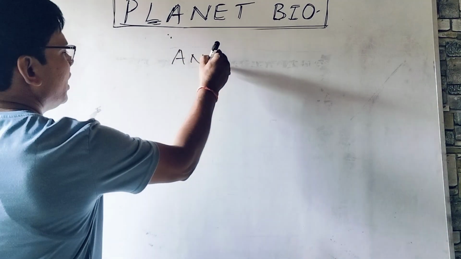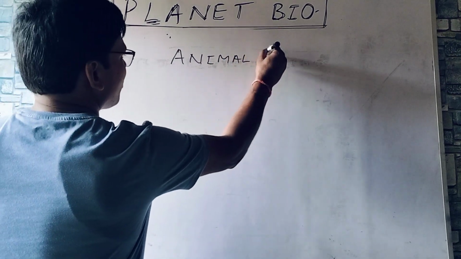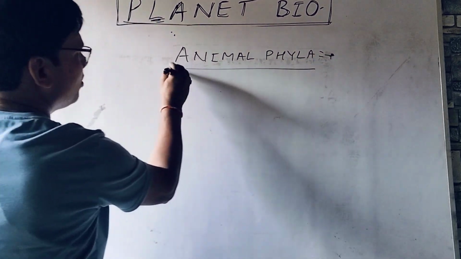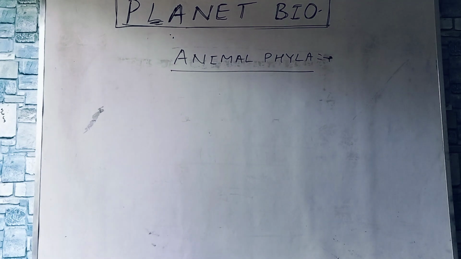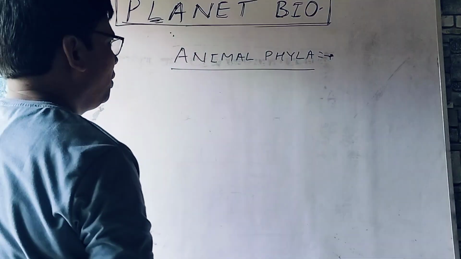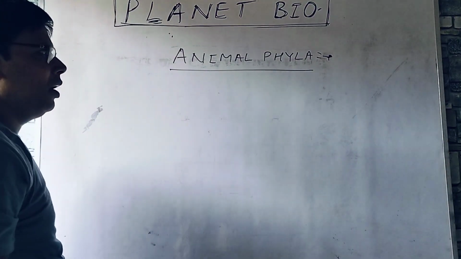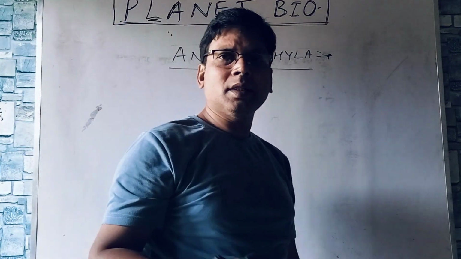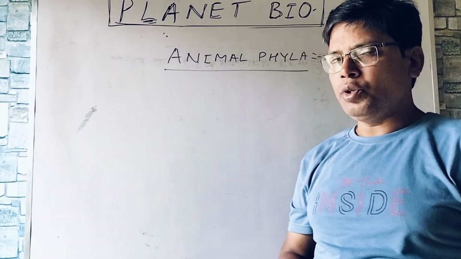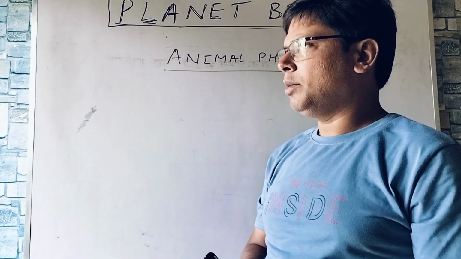So animal phyla. Phyla is the plural of phylum, widely used as taxon for the animals, but for plants generally division is used in place of phylum.